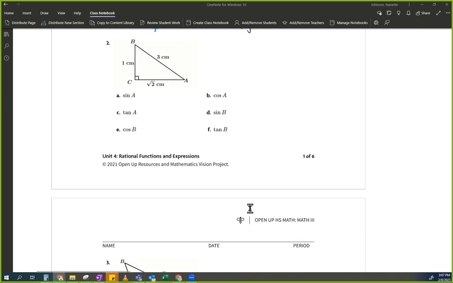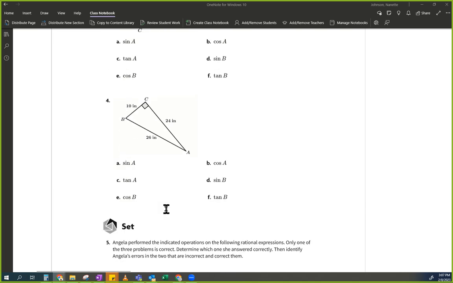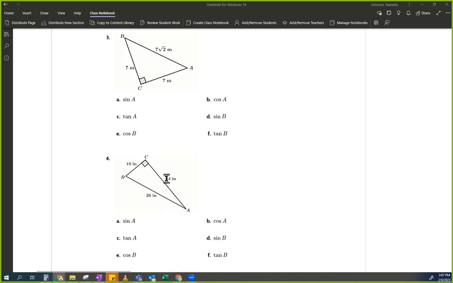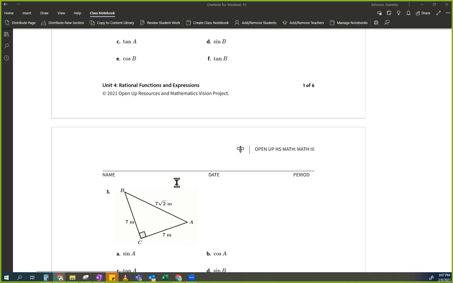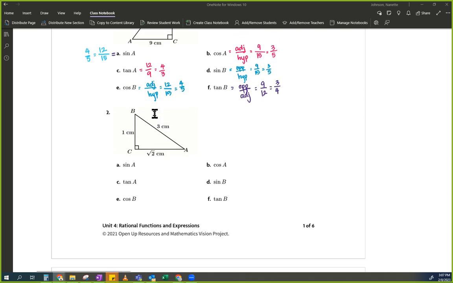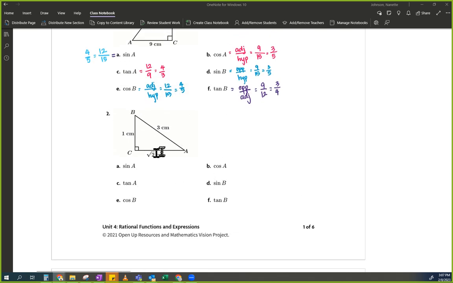If I put square roots in the hypotenuse, it's all going to be the exact same work. I do want to show you a little bit of this one because something interesting happens with some of the answers.